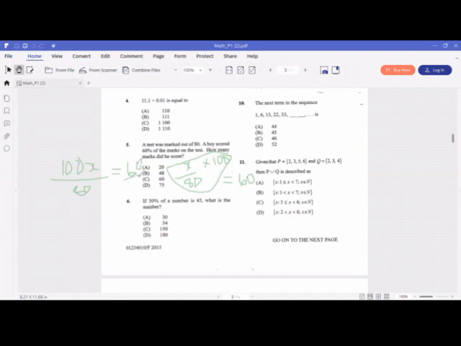Now I can put 60 over 1 and cross multiply. I should get 100x times 1, which is the same thing as 100x, is equal to 60 times 80, which is a value of 480. I can divide by 100 on both sides.